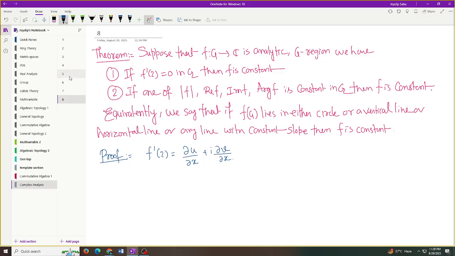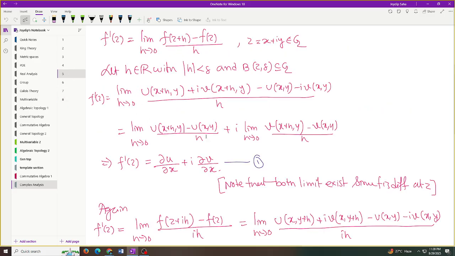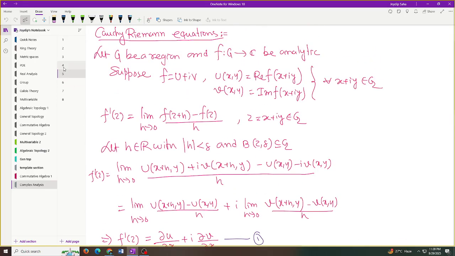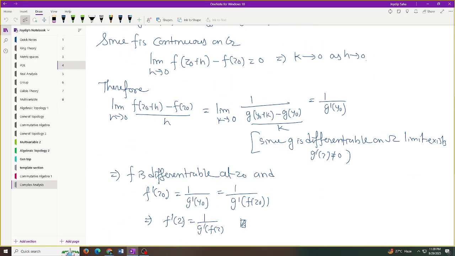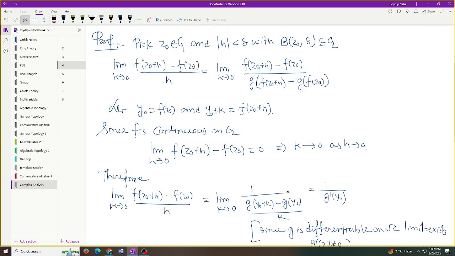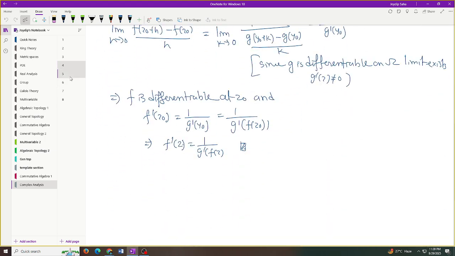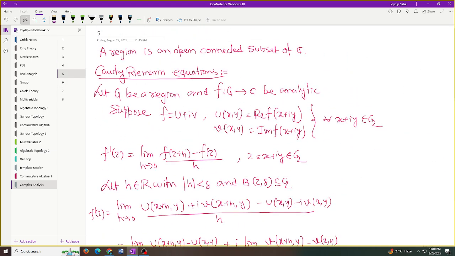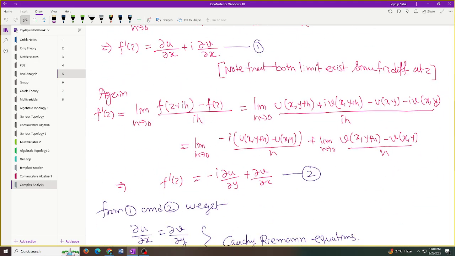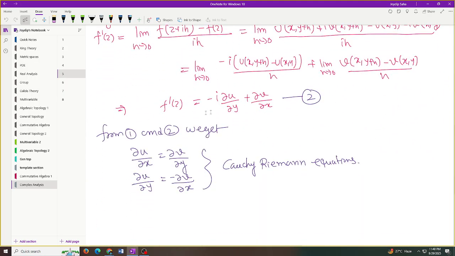F dash z equals del v del x minus i del v del.